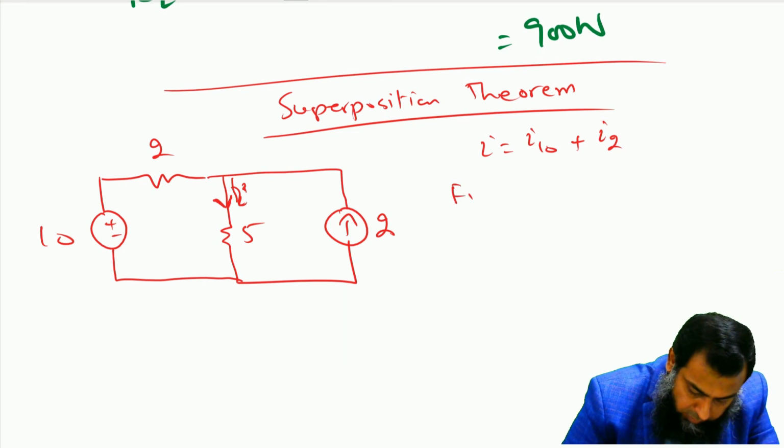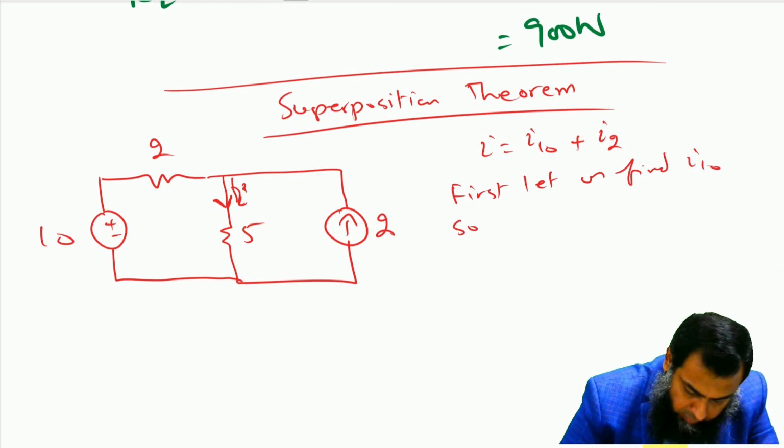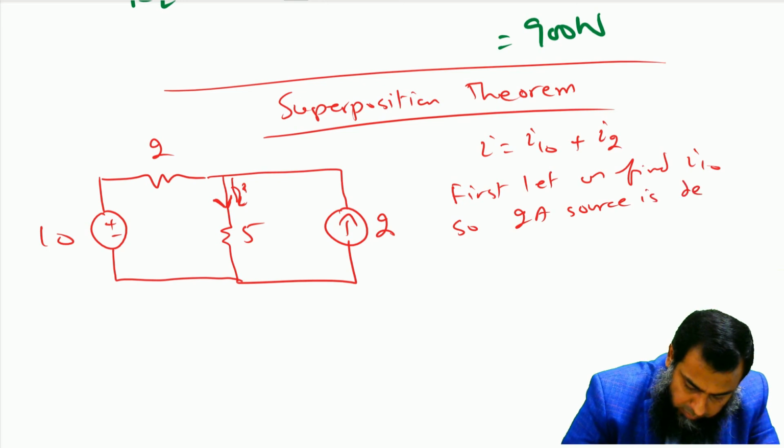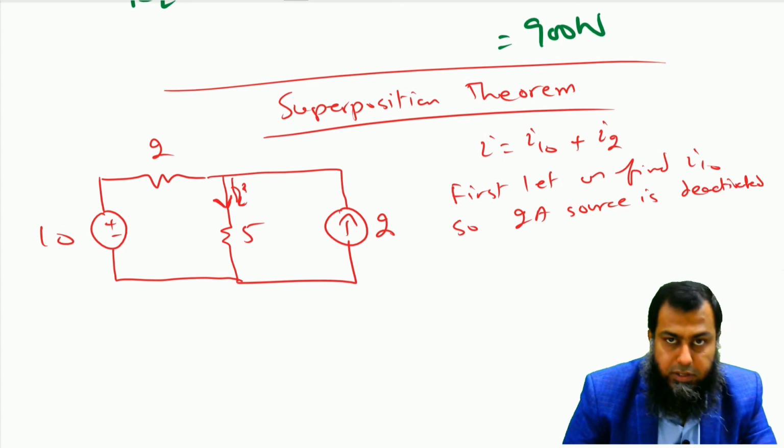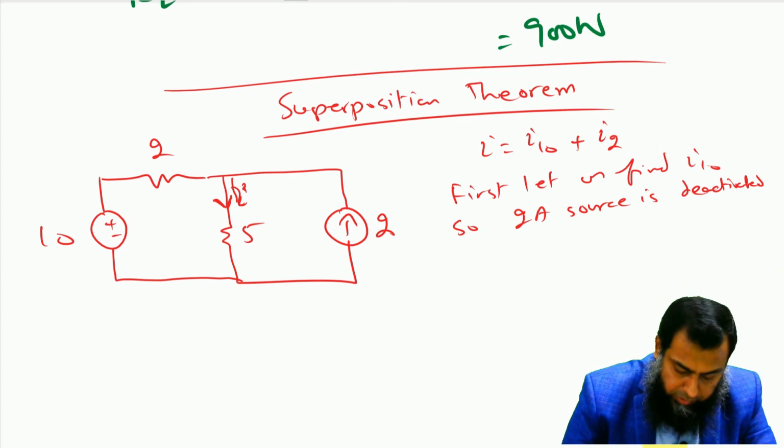So first of all, let us find this I10 here. The 2 ampere source is deactivated. So after we deactivated this source, this means that we have to open circuit this particular current source.